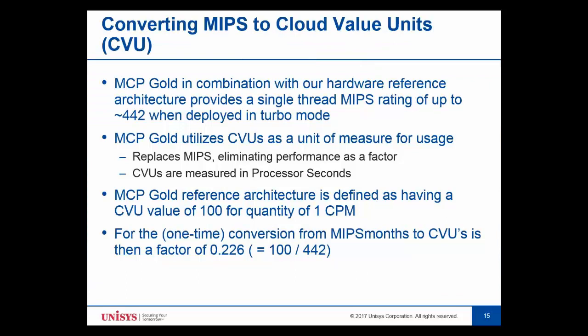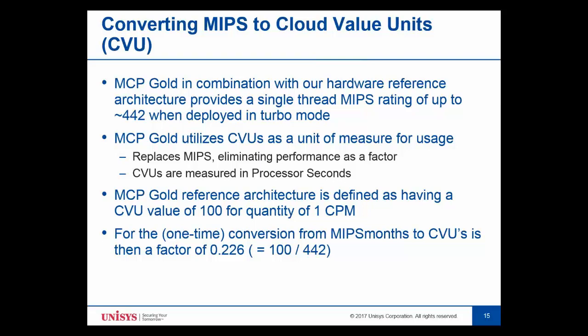Now, how would you convert from MIPS to a cloud value unit? Today we have a standard way to convert. So MCP Gold is a combination with our hardware reference architecture.